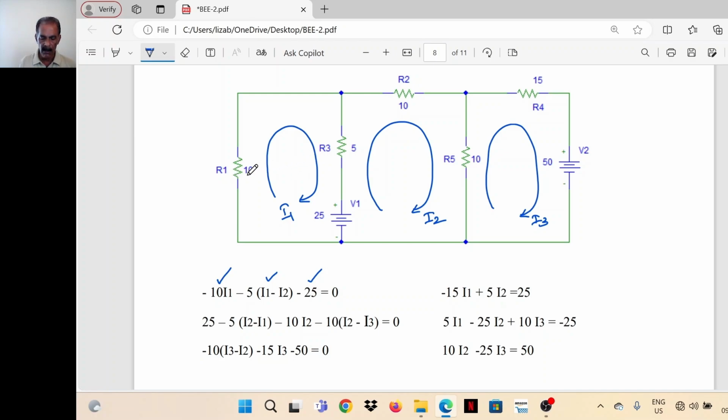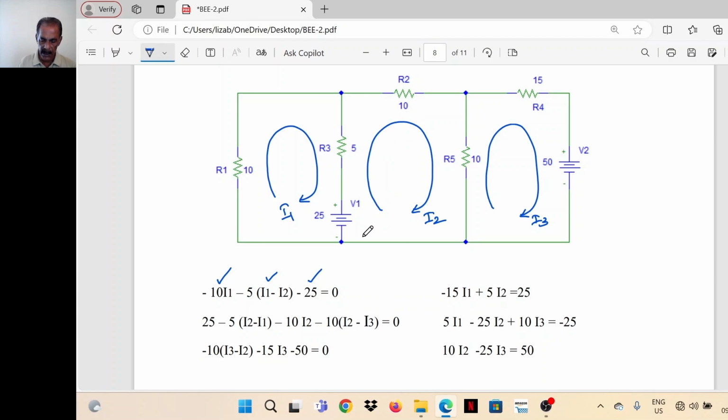So all IR drops have negative signs because it is a mesh current equation. Direction of loop and direction of current are both the same in this case. So 10 I1 and (I1 minus I2) into 5 both have negative signs. Then the second mesh equation: the loop is in clockwise direction.